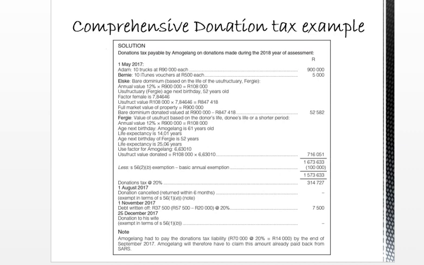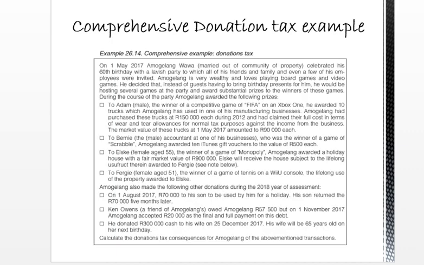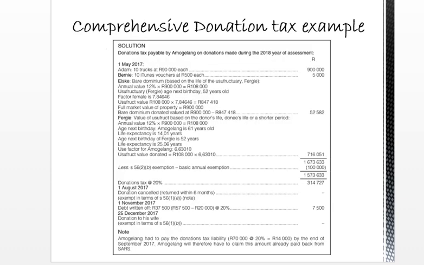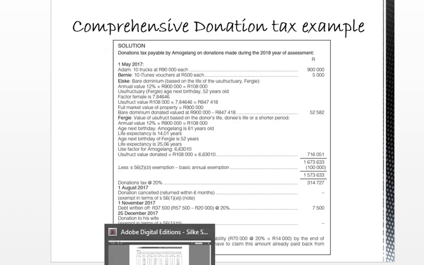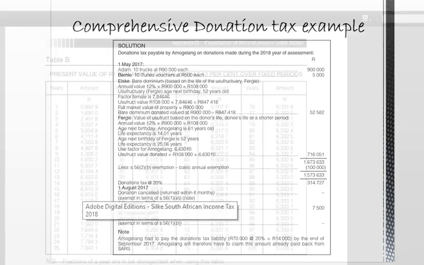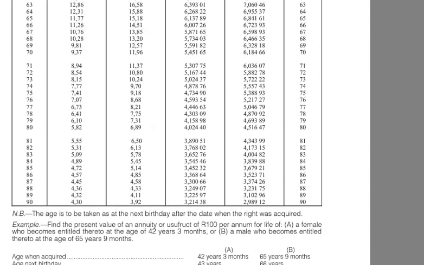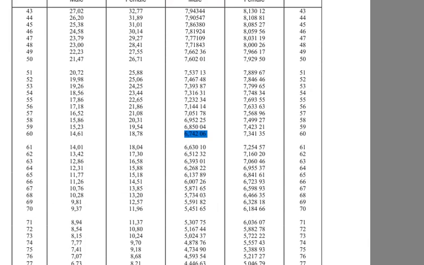She's currently 51, so her age at her next birthday will be 52. If we look at the table, at 52, Fergie has a life expectancy of 25.6 years, so the present value factor will then be 7.846.